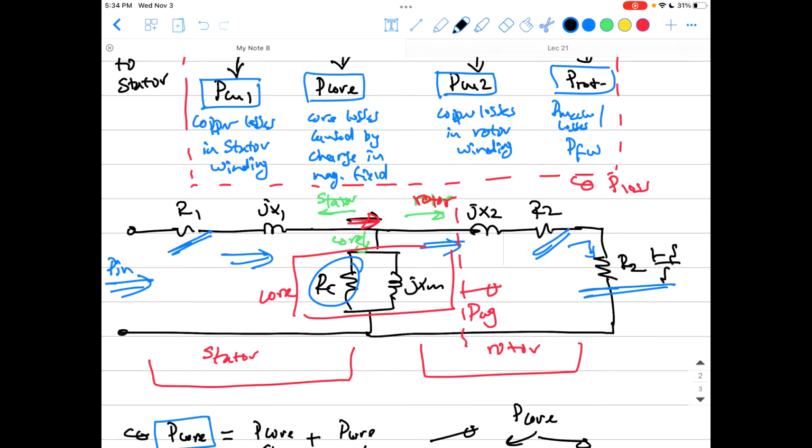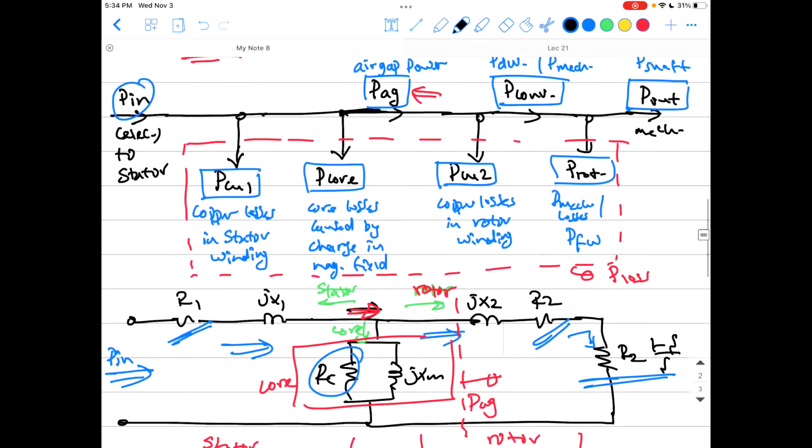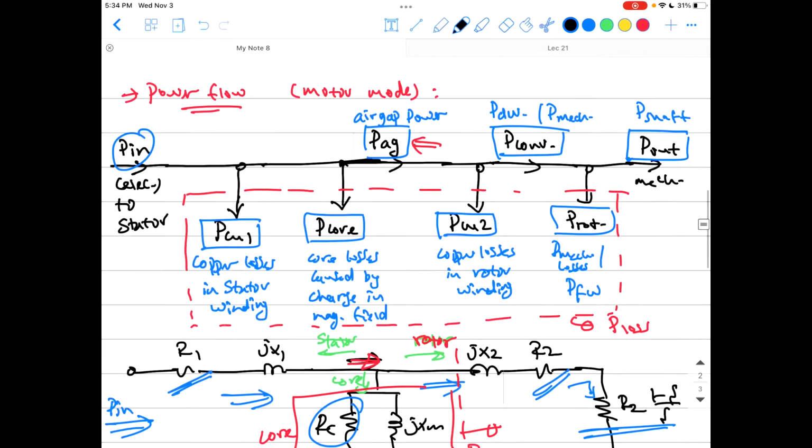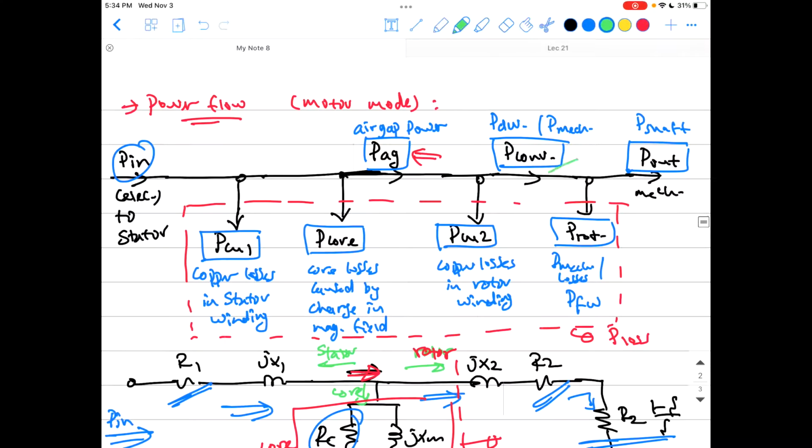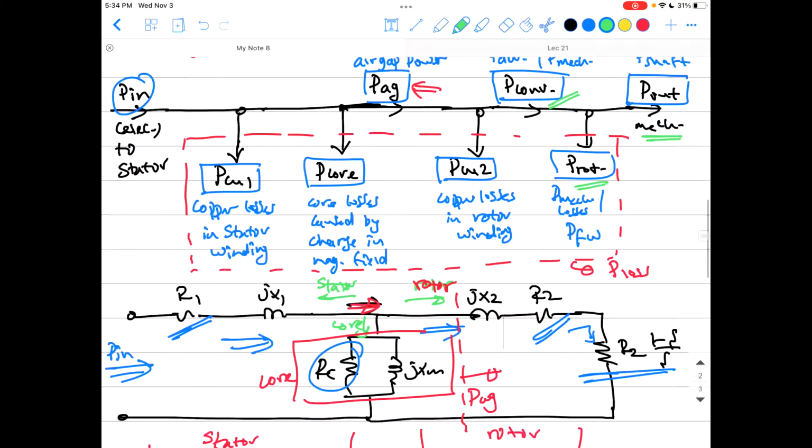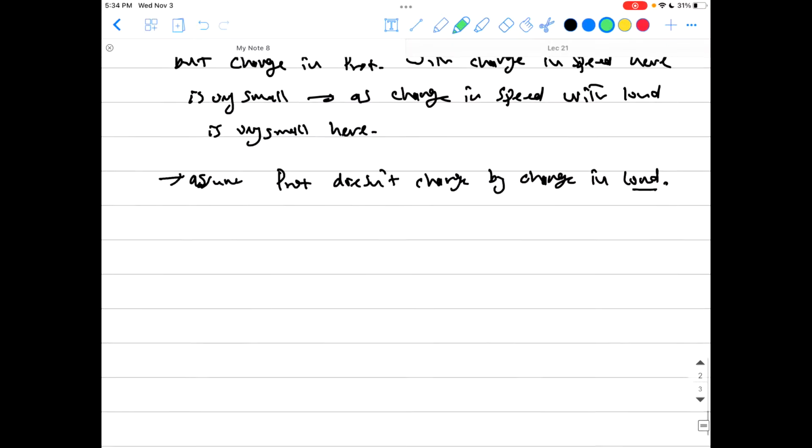We just assume it's constant and take it out of the calculations, okay. After calculating the P converted, we just subtract the rotational losses from it to get the mechanical output power, the shaft power, okay. So we're assuming that the rotational losses are just constant, okay.